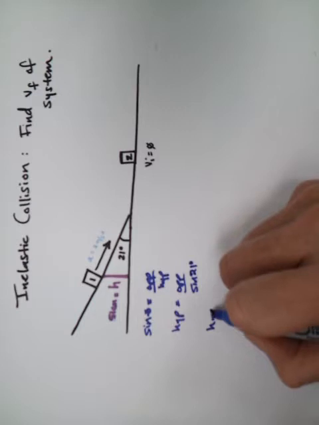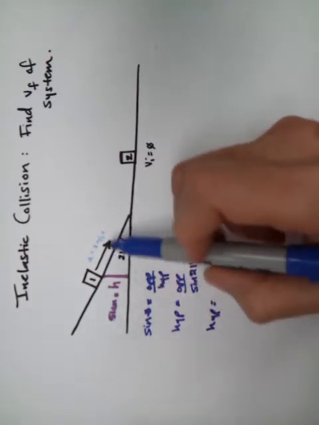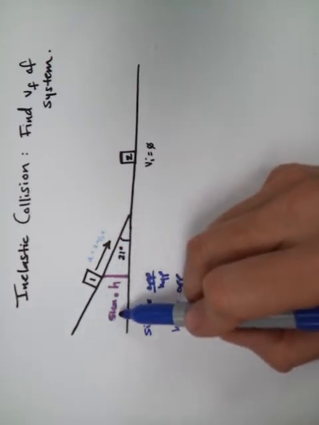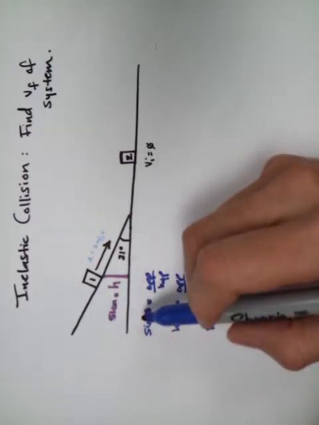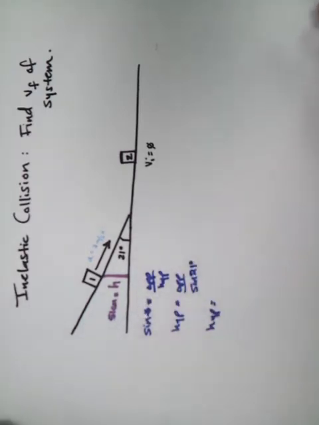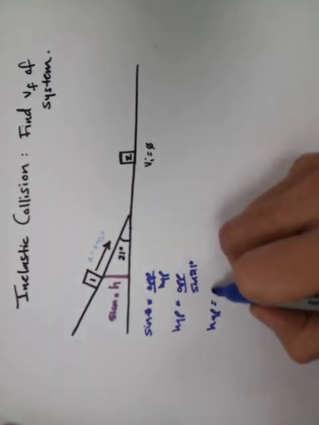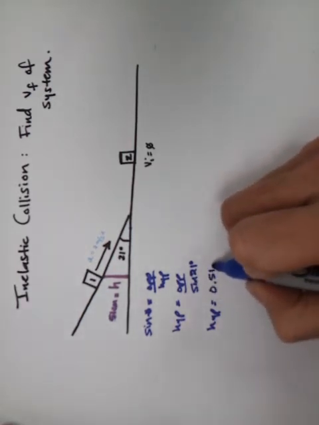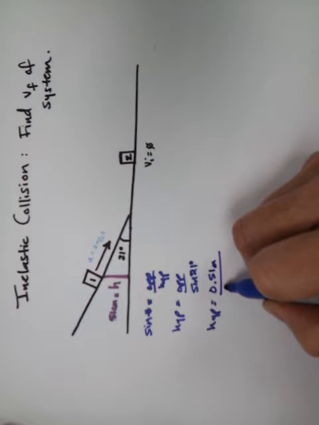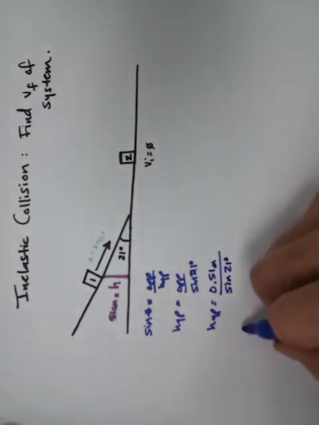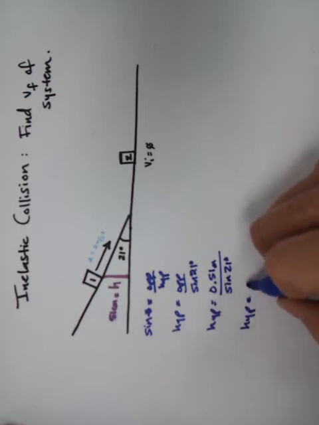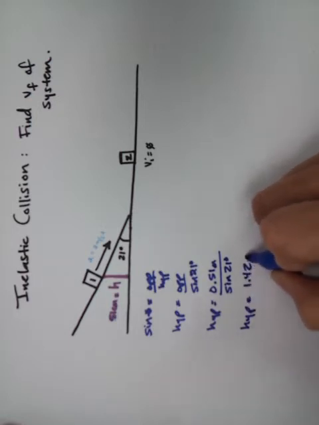So hypotenuse equals, and I'm going to change 51, it's 51 centimeters, which is really 0.51 meters. So we're going to say 0.51 meters divided by sine 21, and that is going to give us the hypotenuse length of 1.42 meters.